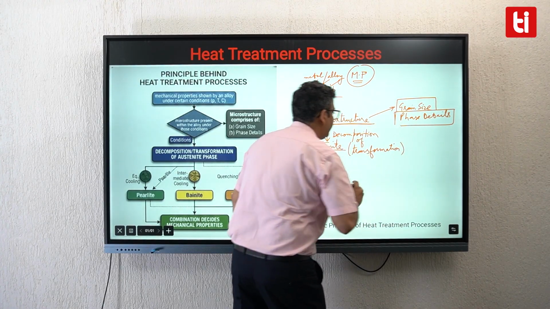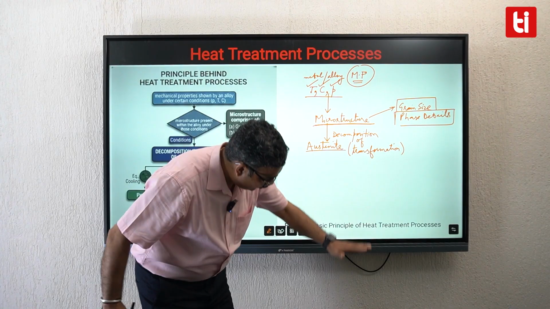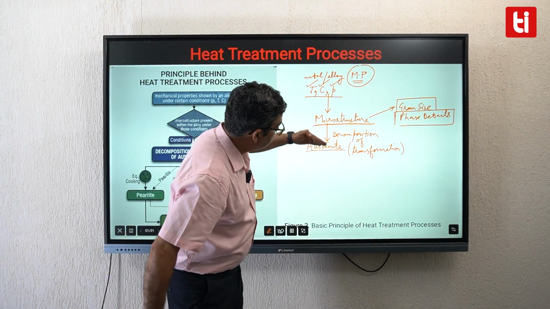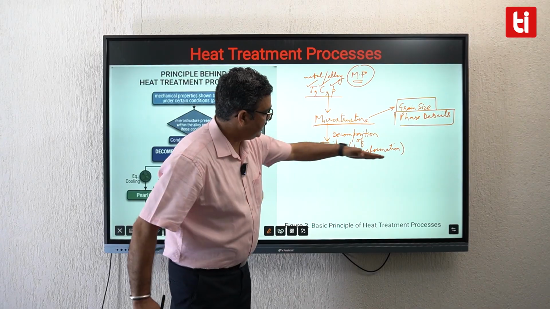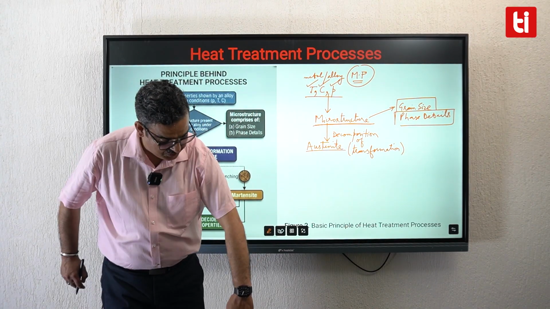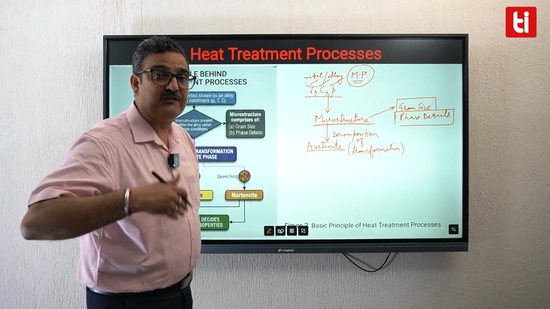Now, when you bring the steel from a high temperature, when it was containing austenite, to room temperature, depending upon how it is being brought, very slow cooling or faster cooling or still faster cooling or quenching, very, very fast cooling, austenite will transform, students, into different phases.